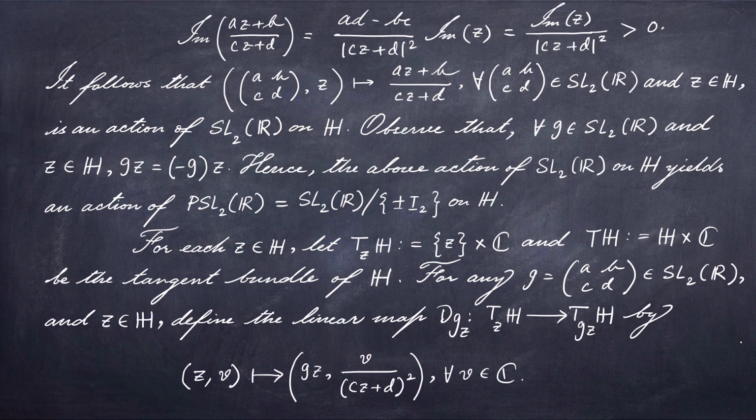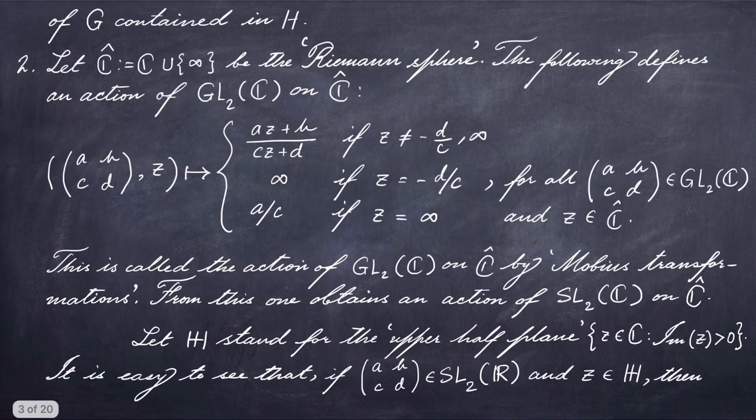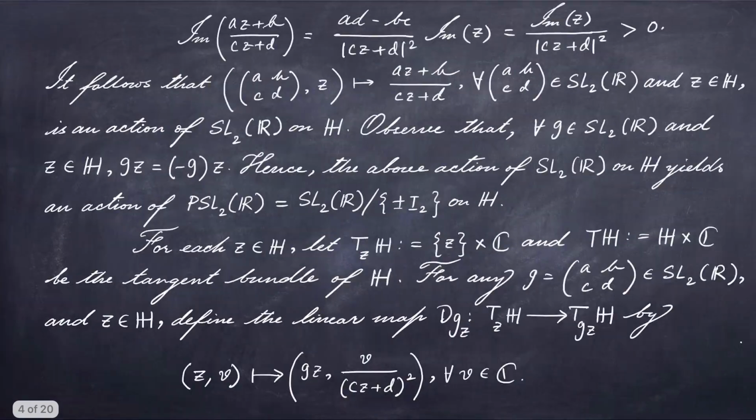Here indeed the maps are Mobius transformations of the complex plane, and for every complex number z lying in the upper half plane, this quantity is meaningful because cz+d can never be 0, as z is not allowed to be a real number.